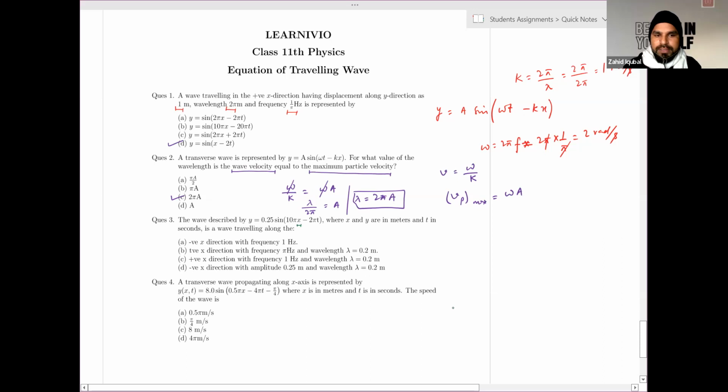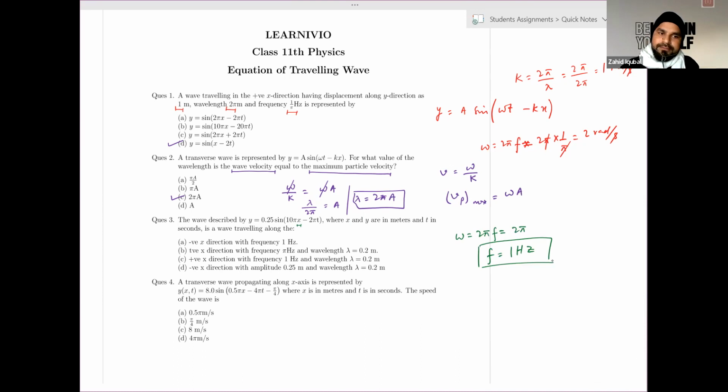Next, we have to calculate its frequency. How to calculate frequency? By using omega, which is the coefficient of t. Here omega equals 2 pi, and the actual formula of omega is 2 pi f. Equate them and you get f equal to 1 hertz. So which option is correct? Option C. Good.